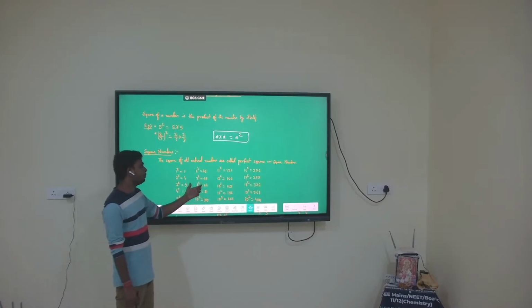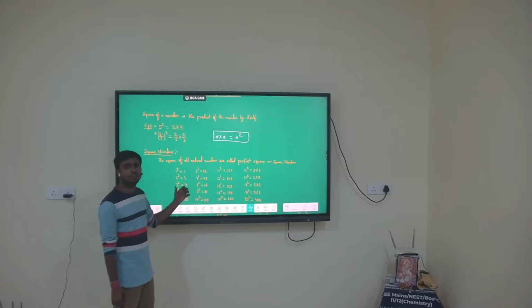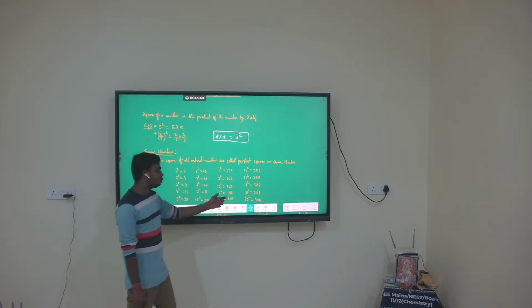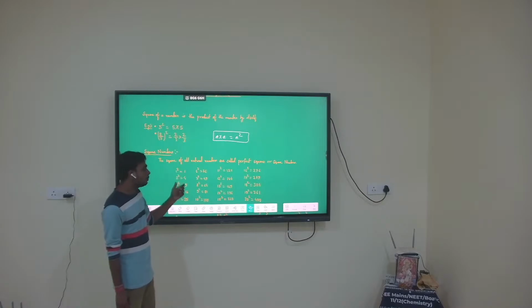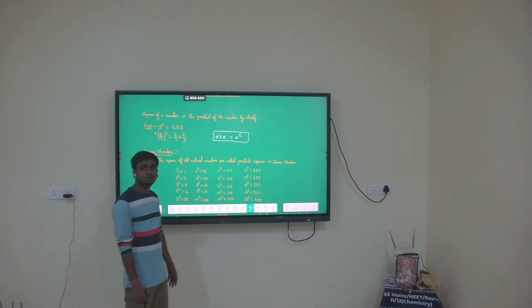We have to remember the squares of all the natural numbers up to 20 for this class.